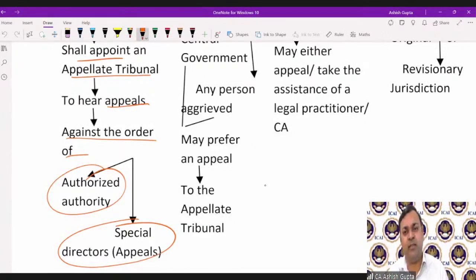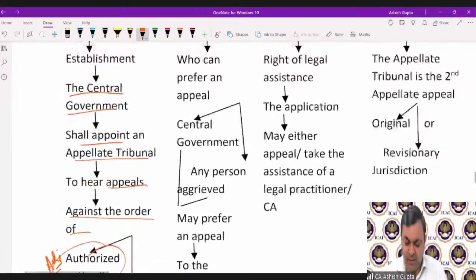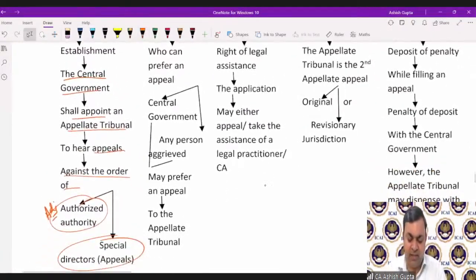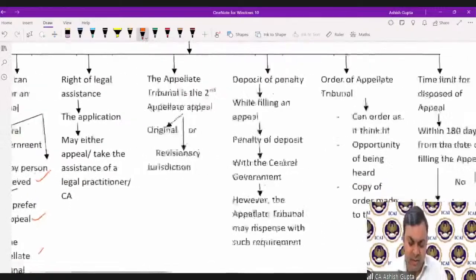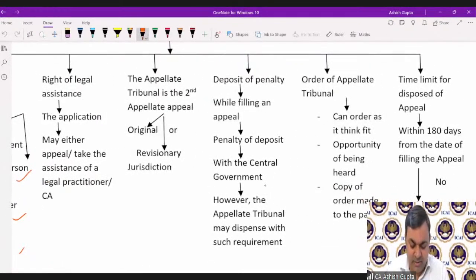Authorized authority means adjudicating authority. Who can prefer an appeal? Central government, any person authorized may prefer an appeal to AT. AT stands for Appellate Tribunal. Right of legal assistance. The applicant or appellant may take the assistance of a legal practitioner or a CA.